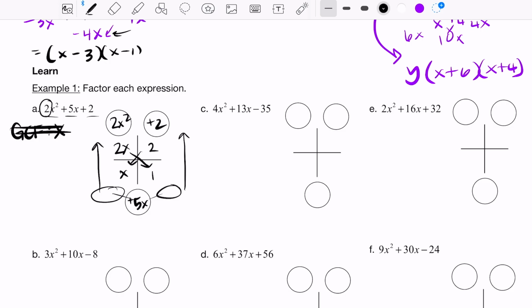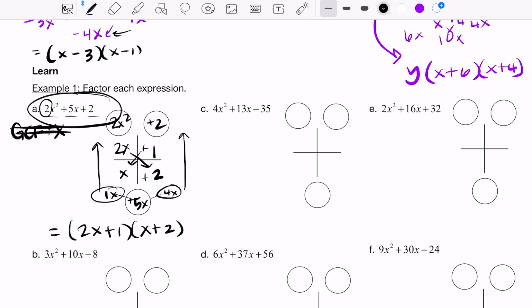So instead, maybe what we need to do is put the 2 down here, so that gives us 4x, and the other 2 up here. Oh wait, that doesn't make sense. Can't be a 2, it has to be a 1 because it's multiply up. This would be 1x, and that does work. So for this one, term form is here, but if I wanted factored form, the answer is left to right. So we have that. Okay.